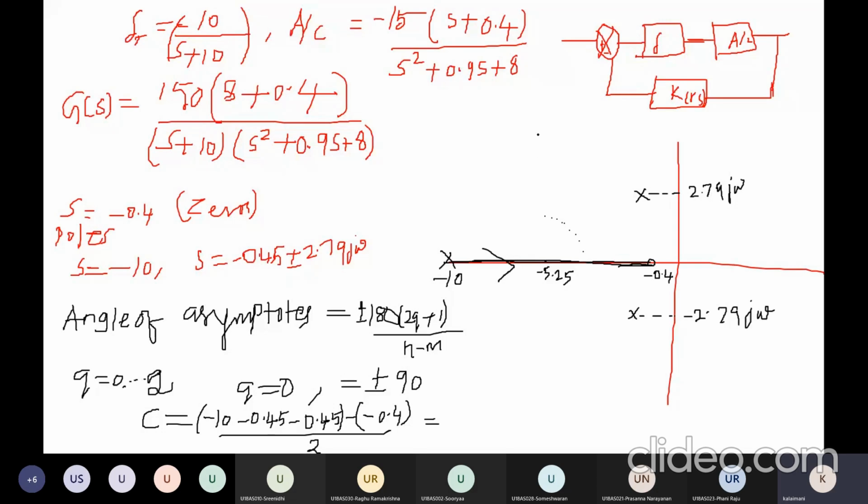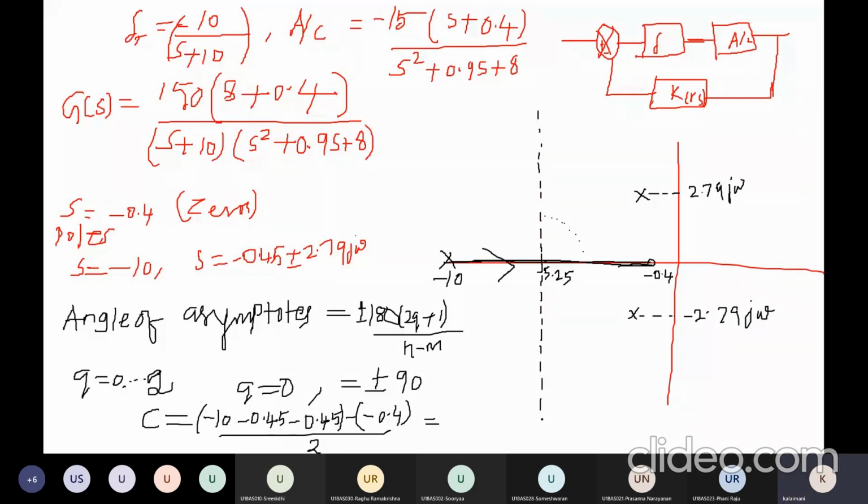Therefore, I choose my asymptote for plus 90 degree, and in the same way minus 90 degree comes vertically downward. This is my angle of asymptotes.